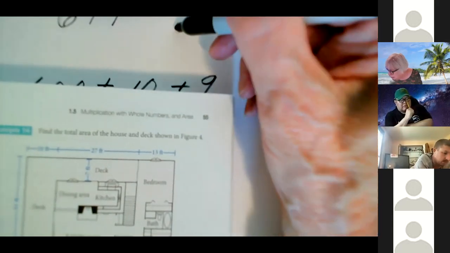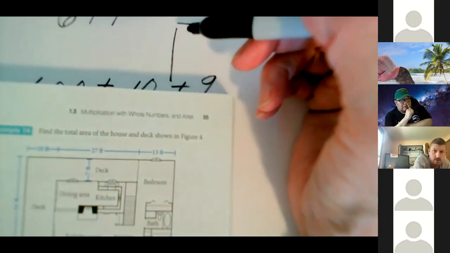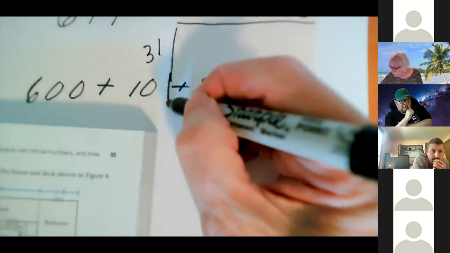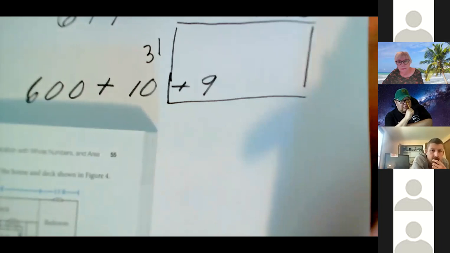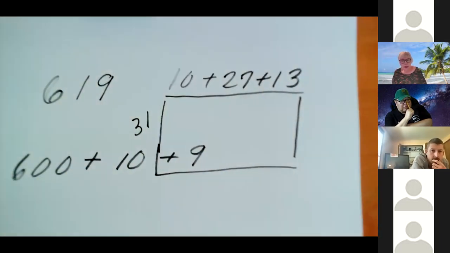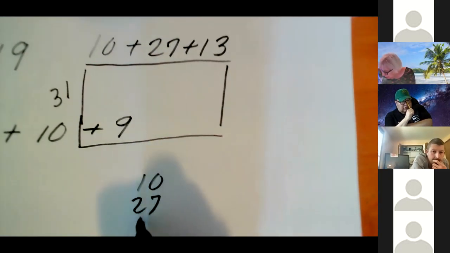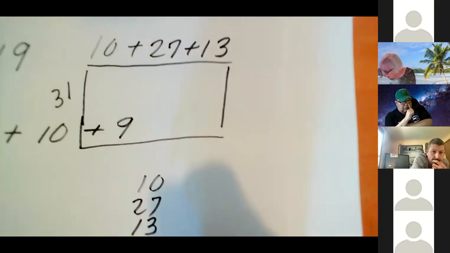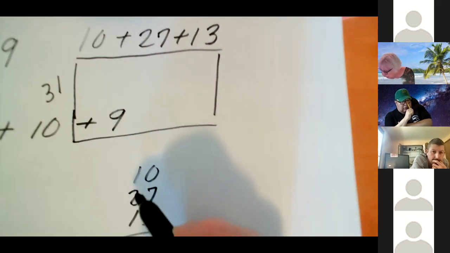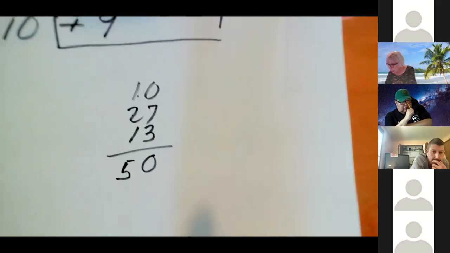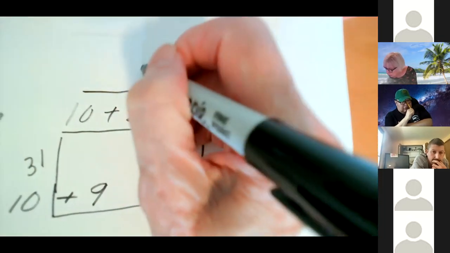That was this way, and then this way was 31. So 10 and 27 and 13, that was across the top. 0, carry a 1, 3, 4, 5, that's 50. So this much is 50.